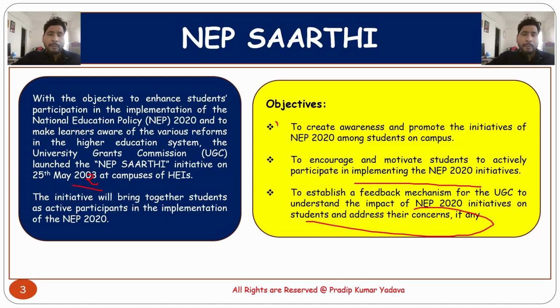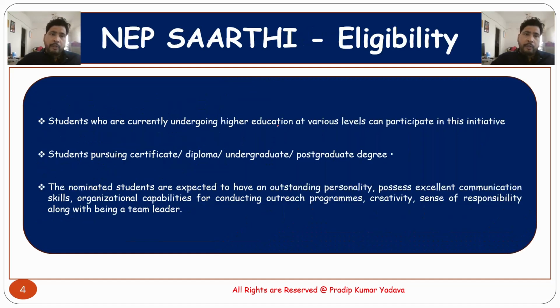Basically, the main purpose is for UGC to get feedback from the students or NEP SAARTHIs on how the implementation of NEP is going on. If there is any drawback or obstacle, NEP SAARTHI can inform UGC: yes, this is not good, this needs to be changed. According to that, UGC can take a decision.